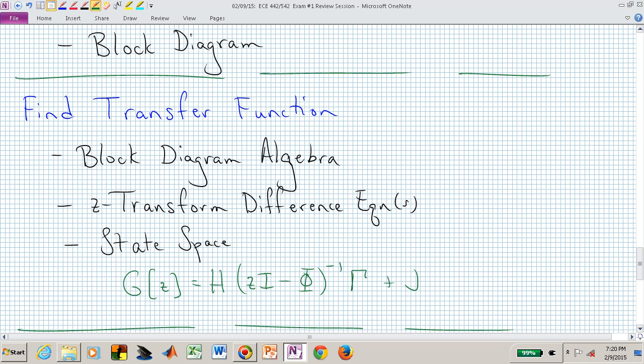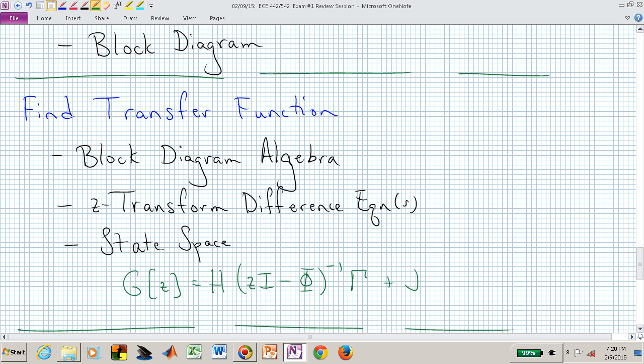Mason's gain does work for the z domain. So now if you have z to the minus 1s floating around, or subsystems, you maybe have a g sub 1 of z and a g sub 2 of z and an h of z, you could use Mason's gain to find that. You just are now working with the z domain. But we're not assuming that, so block diagram algebra works.